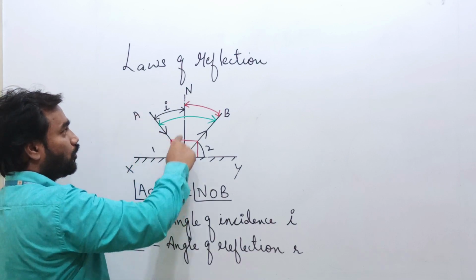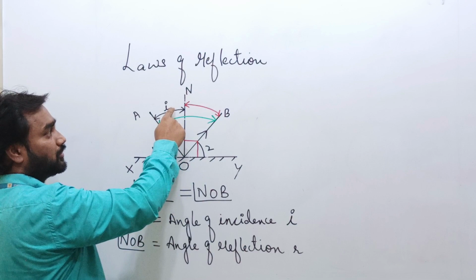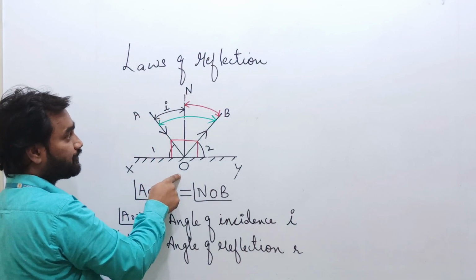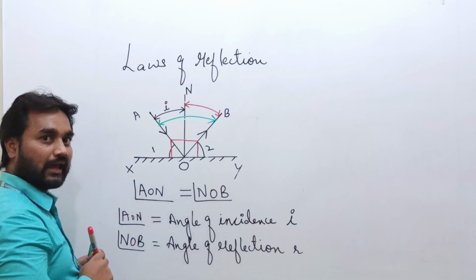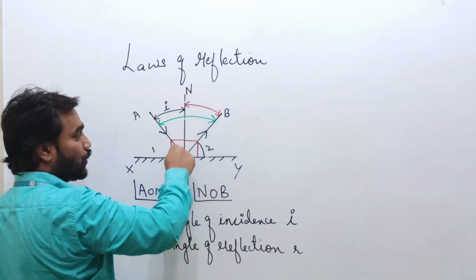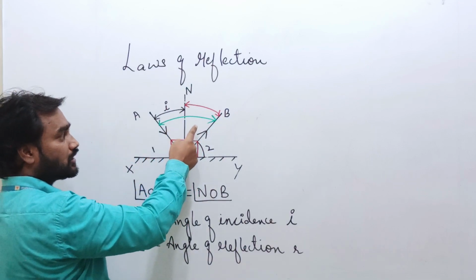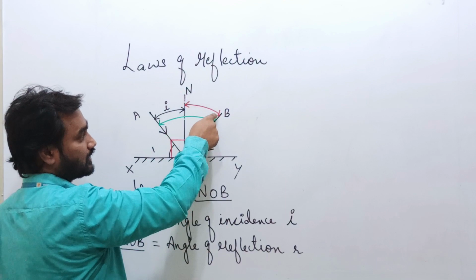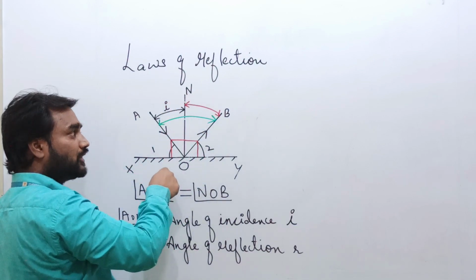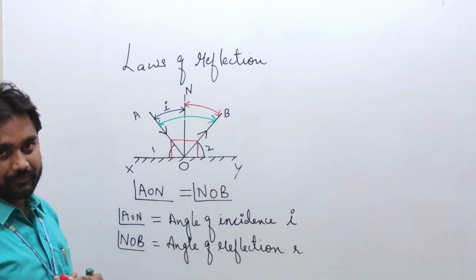AON is the angle of incidence, because it is formed between the incident ray AO and the normal NO. And angle NOB is the angle of reflection, because it is formed between the normal NO and the reflected ray OB.